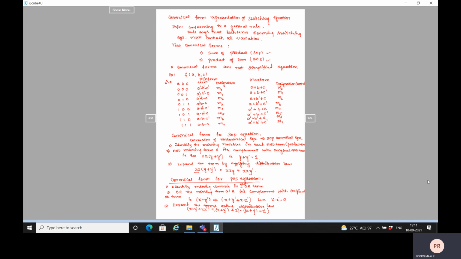So this is how a given non-canonical form switching equation, whether made with the product of sum terms or sum of product terms, can be converted.